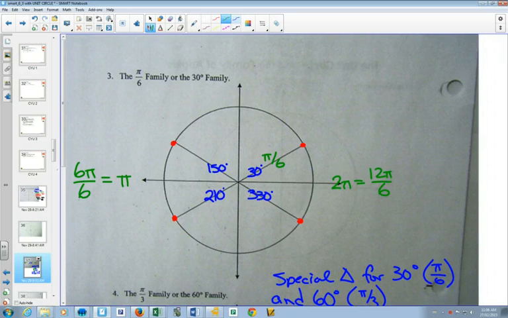If you do that, and you have 6 pi over 6's and you subtract pi over 6, you will get 5 pi over 6. And you'll notice that all the ones in quadrant 2 are always 1 less than the denominator for that reason. If we go into quadrant 3, you'll notice that they're all 1 more than the denominator for that reason.